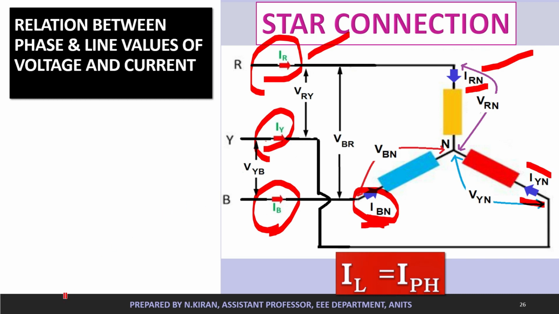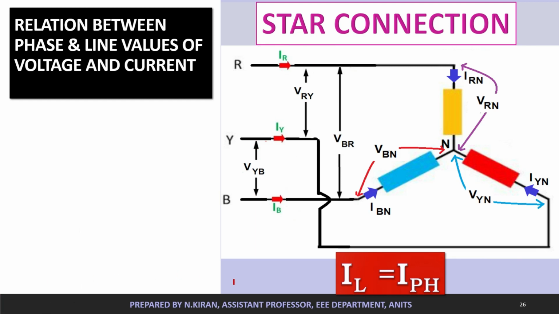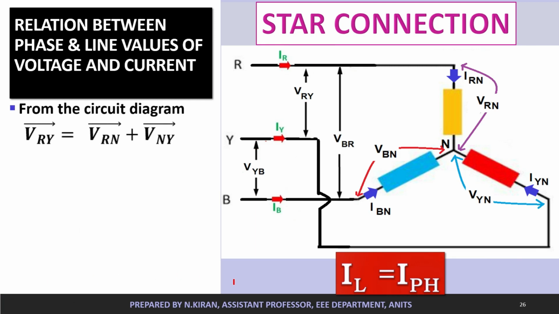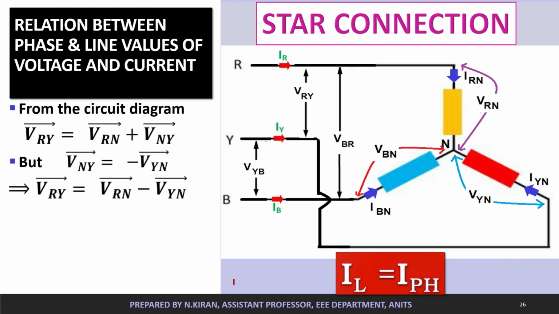Now my objective is to derive the relation between phase voltages and line voltages. From the circuit diagram, VRY is nothing but VRN plus VNY. If I interchange the phasor, VNY I can write as minus VYN. Therefore, VRY is nothing but VRN minus VYN.